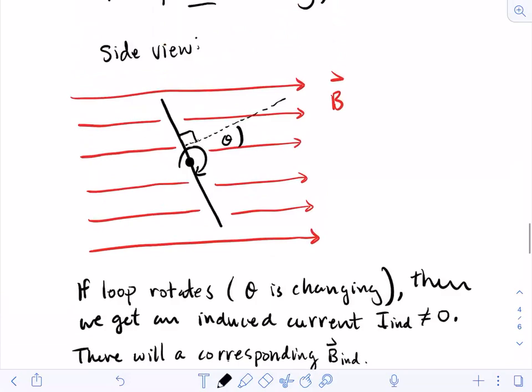So in this picture above, we would have a theta decreasing for the indicated clockwise rotation of our loop.